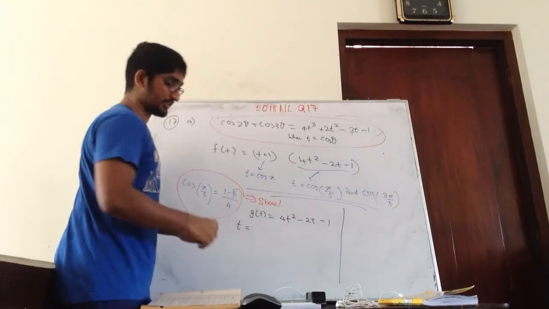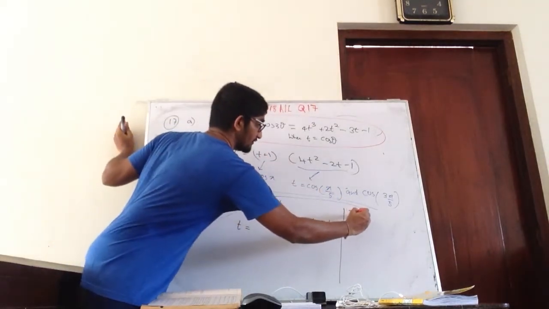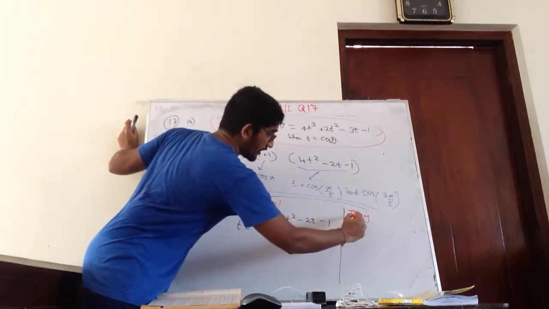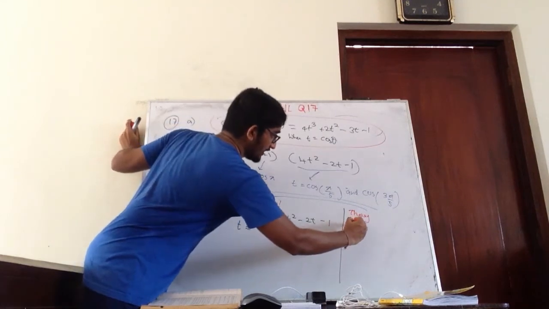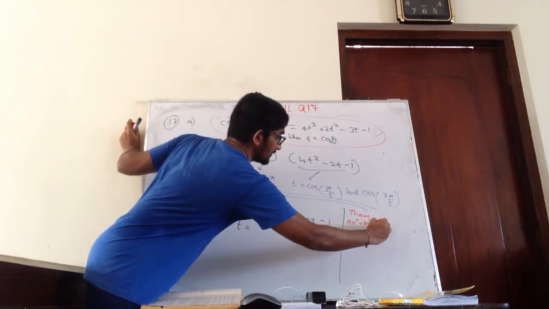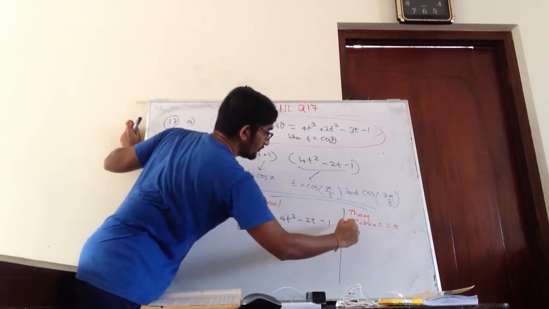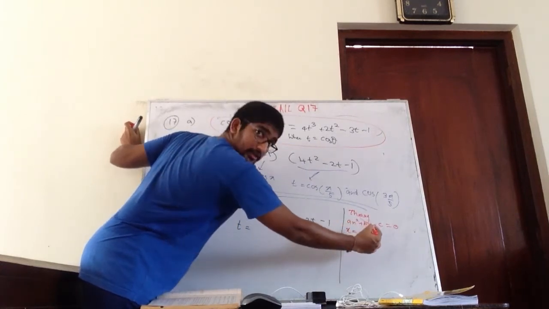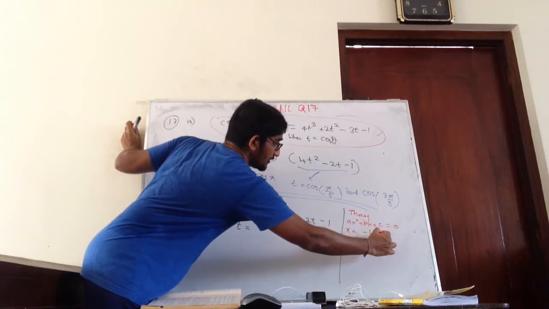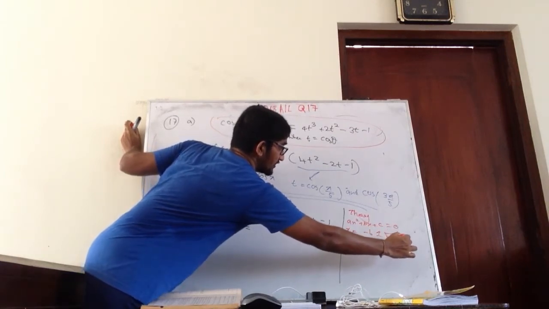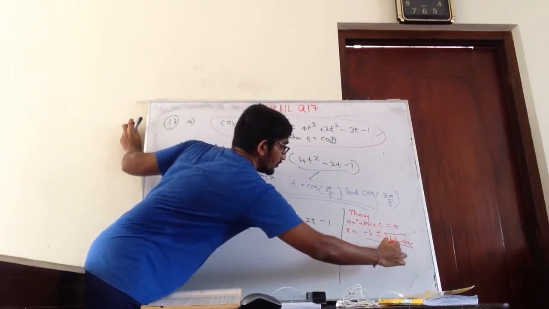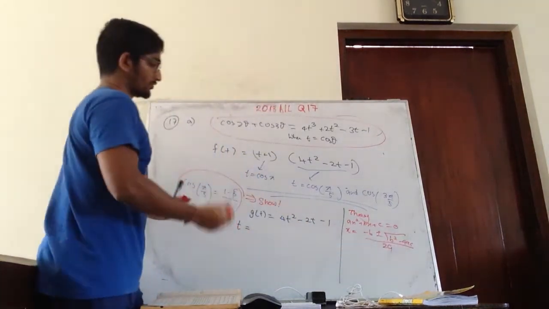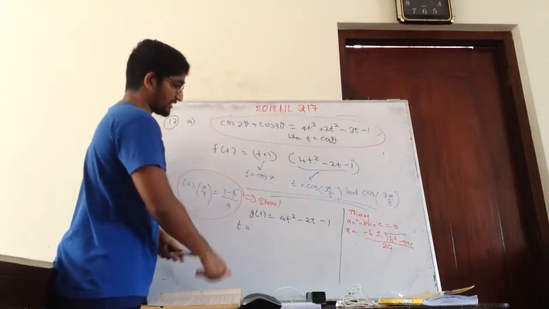So if I remind you all the theory, if you have, let's say, ax squared plus bx plus c equals 0, and you want to get the x value, you get minus b plus or minus square root of b squared minus 4ac over 2a. So in the same way I am going to get this answer as well.